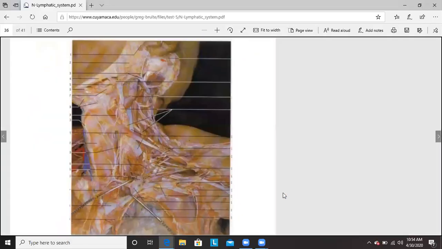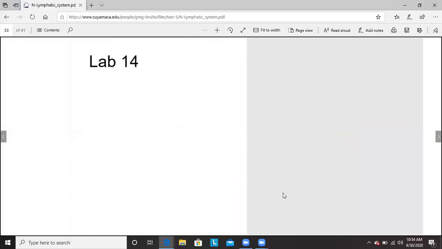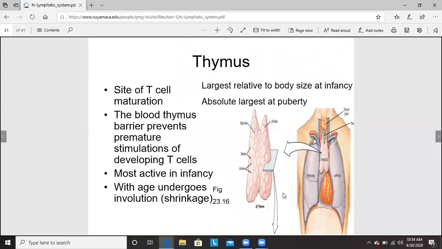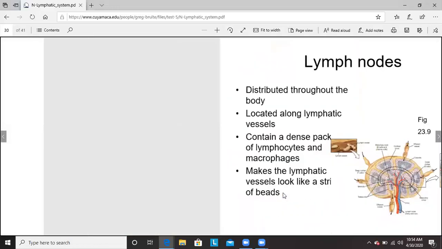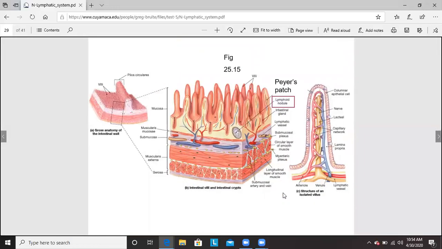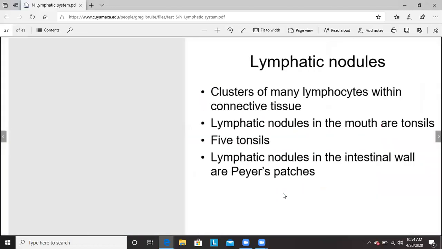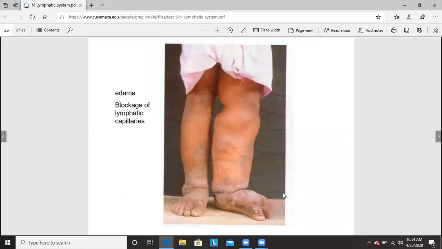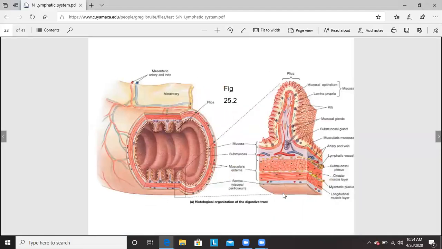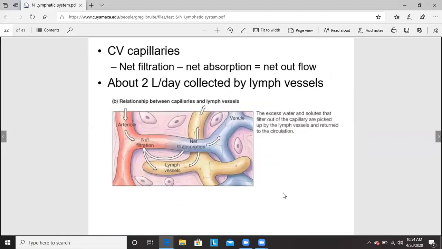So let's make sure we covered everything. We did the Peyer's patch and the lacteal. We talked about 2 liters a day. We talked about the difference: where is lymph, where is interstitial fluid, where is plasma.